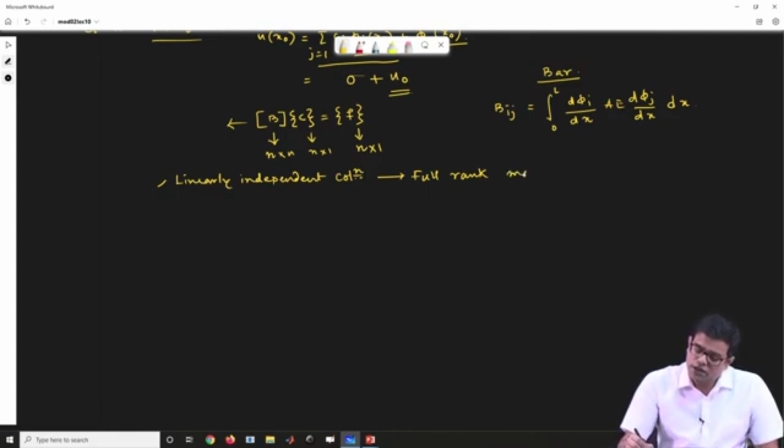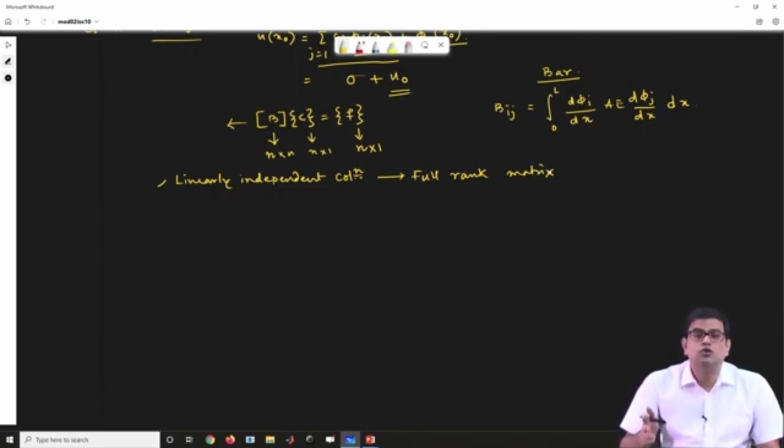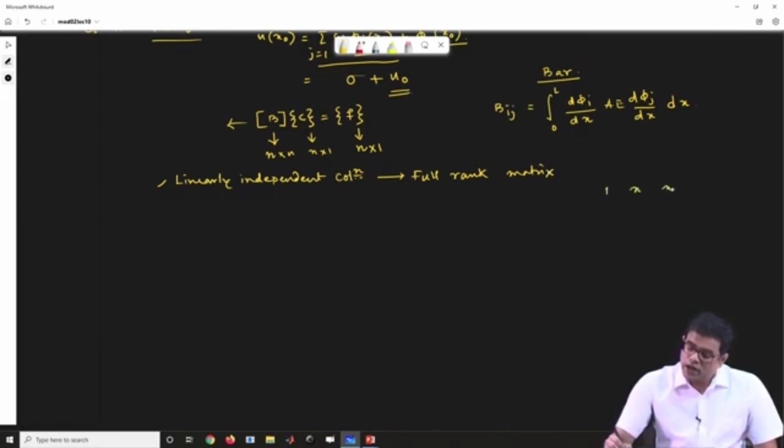How to ensure that? My phi i and phi j have to be linearly independent, that means my weight functions phi i have to be linearly independent. How do we choose linearly independent polynomials? For instance, 1, x, x squared. These we can choose as weight functions.